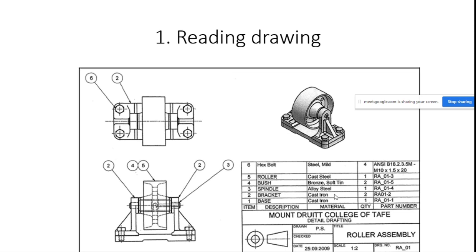After that there is a table available at the top of the title block, which is known as the bill of materials. Here the drawing has the part numbers 1, 2, 3, 4, 5, 6, and the description: base, bracket, spindle, likewise the bill of materials has part names. After that, which material is chosen to make this part is given in the bill of materials table.